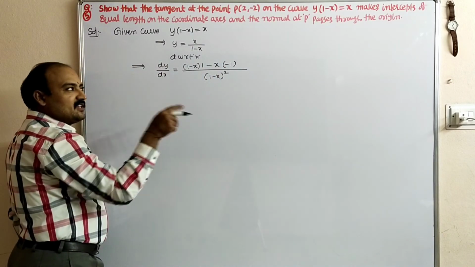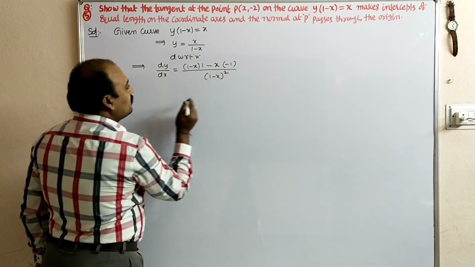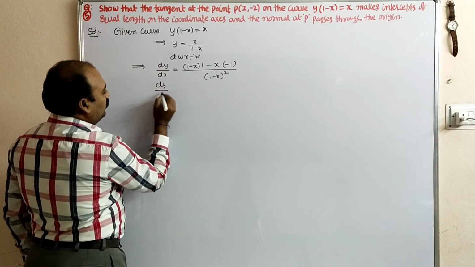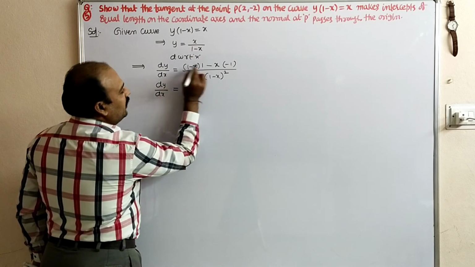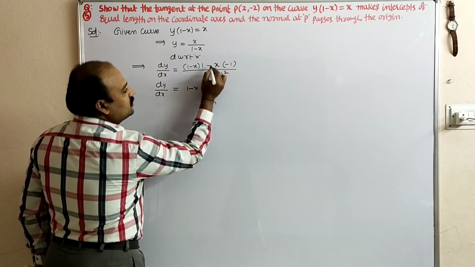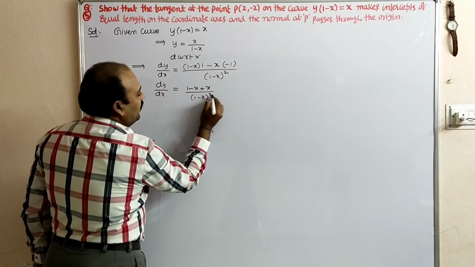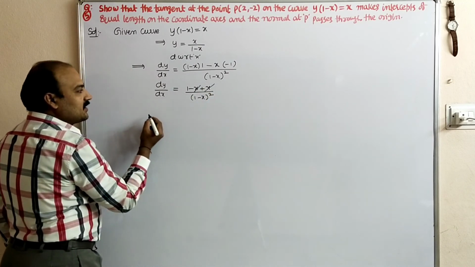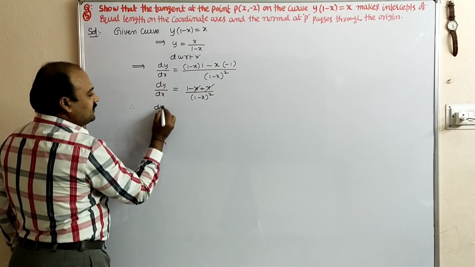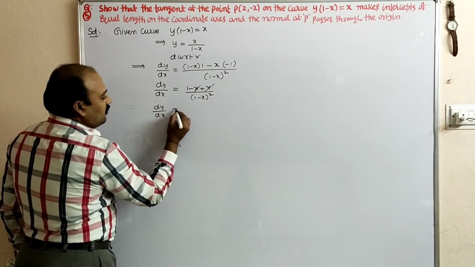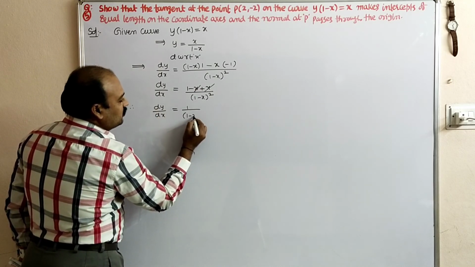Constant derivative is 0, minus x derivative is minus 1. So dy by dx equals 1 into 1 minus x, which is 1 minus x, minus into minus is plus x, divided by 1 minus x whole square. Plus x minus x gets cancelled. Therefore, dy by dx equals 1 by 1 minus x whole square.